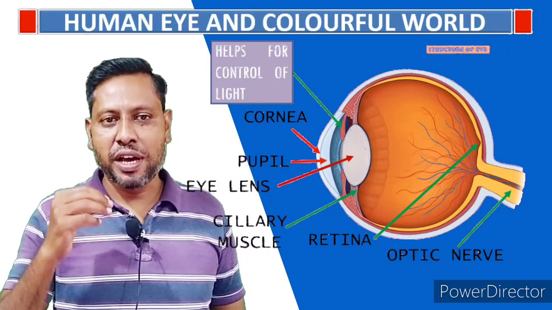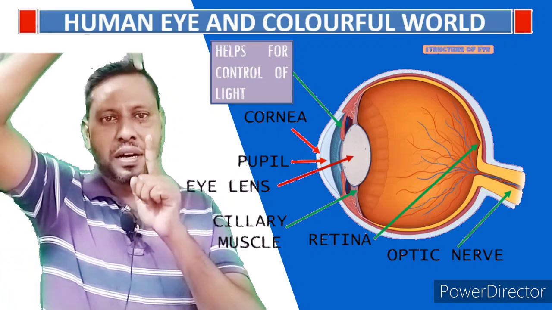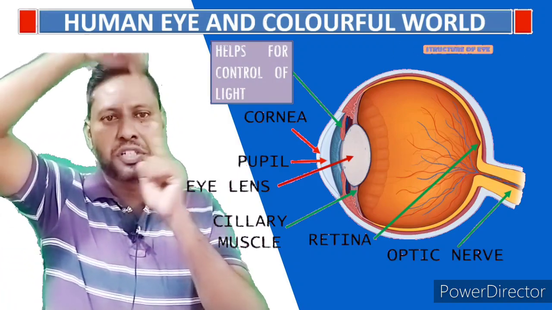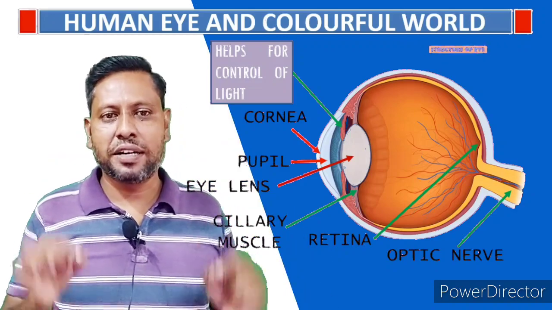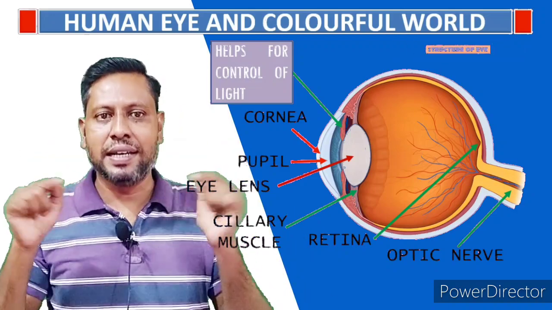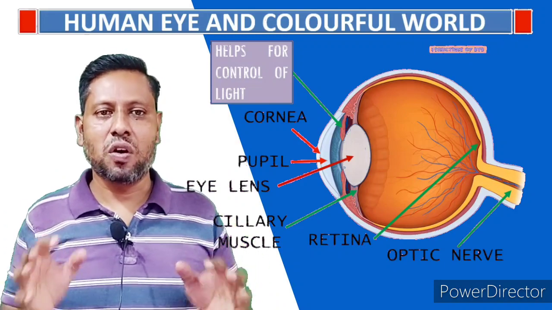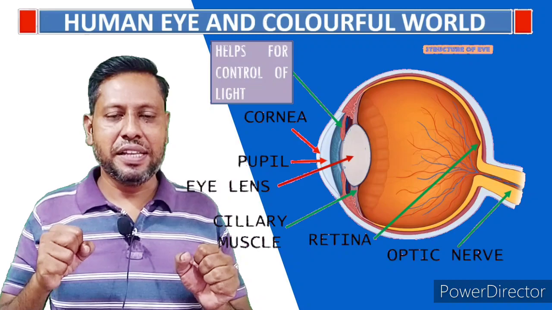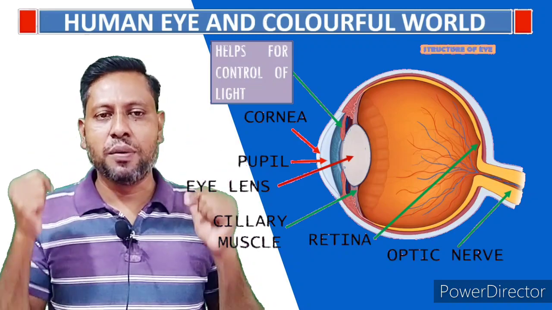If we are in bright light, the iris will come and close the shutter, or close the area of the eye lens, so that minimum light will enter. When we are in weak or low light conditions, to see the things maximum light should enter our eye.